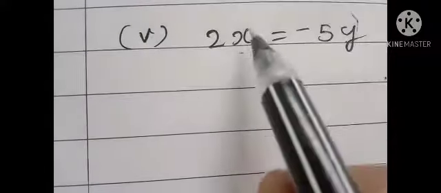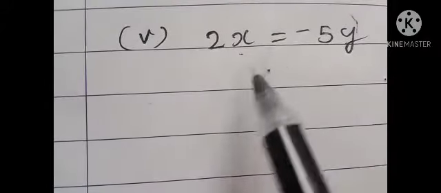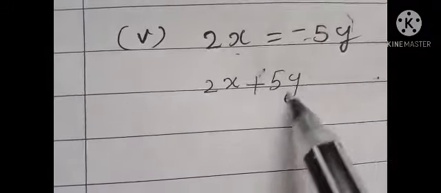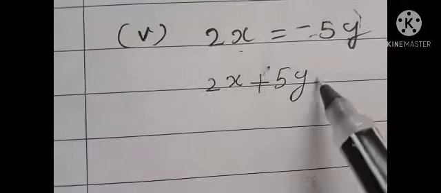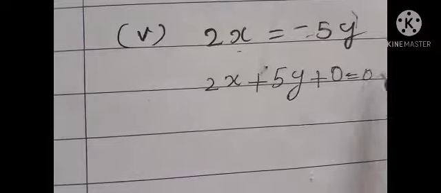Fifth sub question, 2x equals negative 5y. So here we have to transpose this term with y to LHS. There is no constant term, so we can write it as 0. So 2x, this minus 5y becomes plus 5y. Then there is no constant term, so we can write 0.